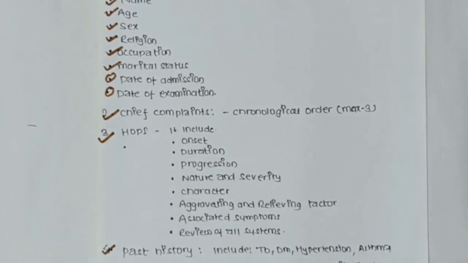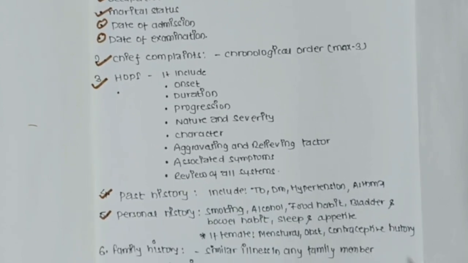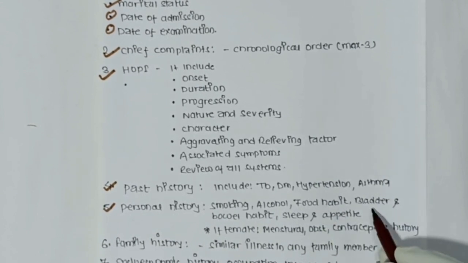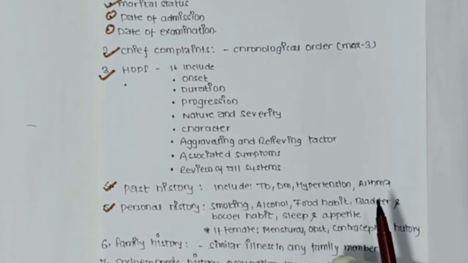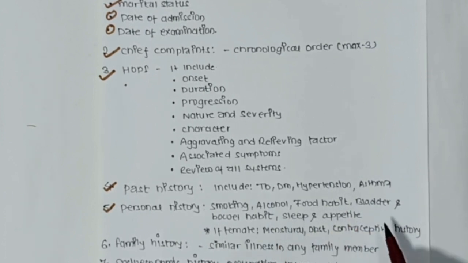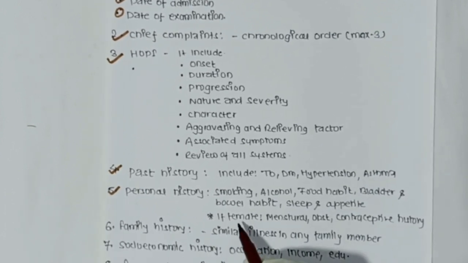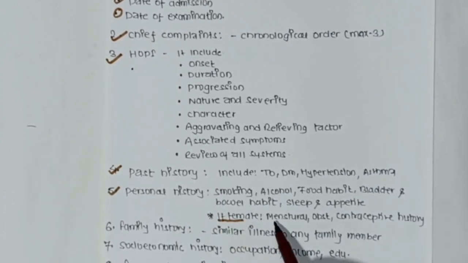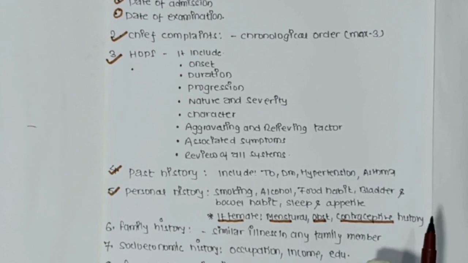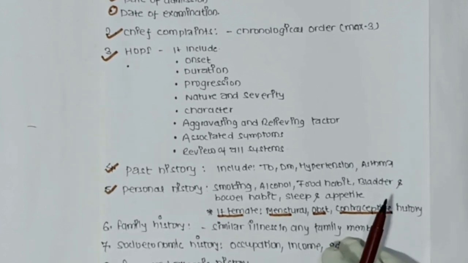In personal history we will ask about his habits of smoking and alcohol, food habit, whether he is vegetarian or non-vegetarian, bladder and bowel habits, whether he has constipation or diarrhea, then sleeping habit and appetite, whether his appetite is good or not. If our patient is female, then we will ask about menstrual history, obstetric history and contraception history, because it also gives clues about some diseases.